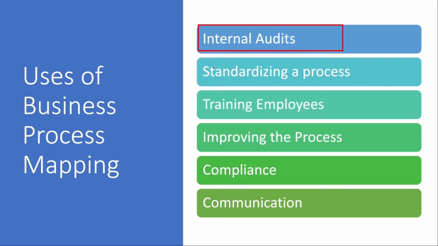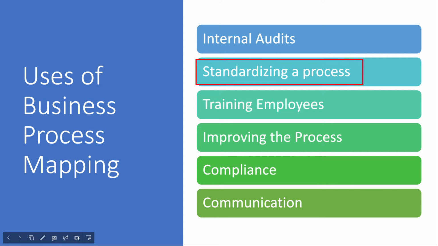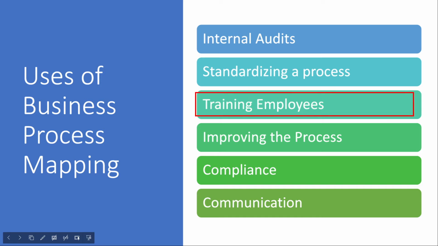It will also help us to standardize the processes across all the departments or across other group companies, and it will create a benchmark for the business processes. Then it will also help us to train our employees, be it a new employee or refresher courses or workshops. It will help us to visualize the process and train employees.